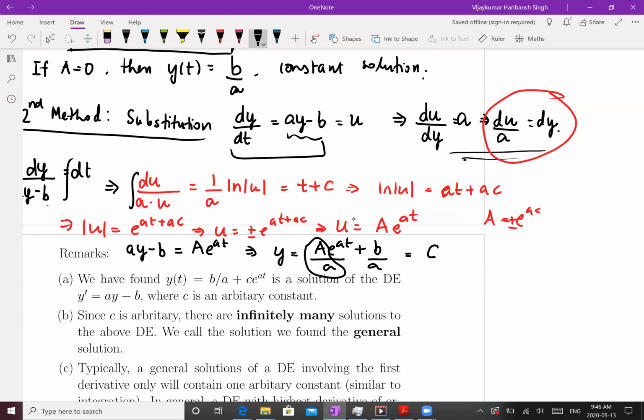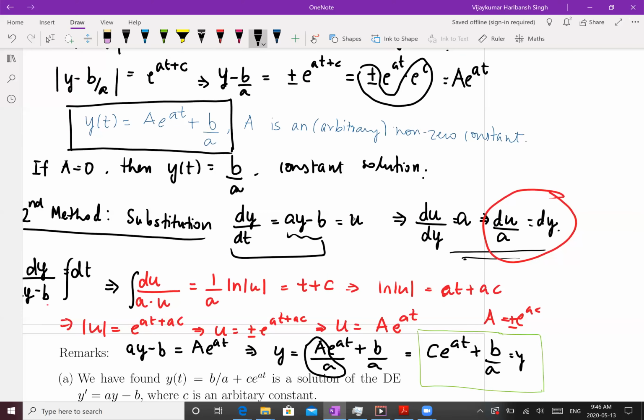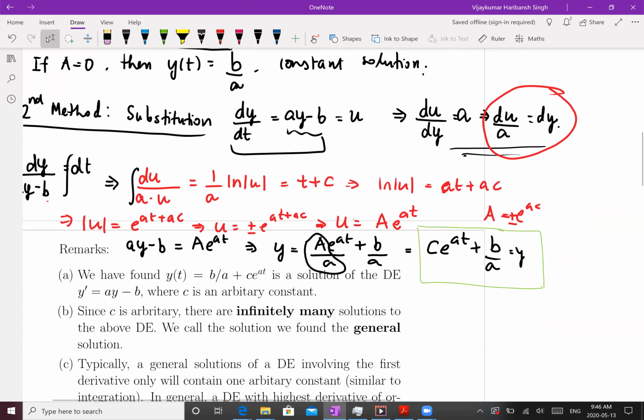So let me call this c e to the power at plus b by a. So this is your solution. This is equal to y. And by the earlier method, also by investigation, you found this out. So don't worry about A and c because they are arbitrary constants. Okay, so this is the solution.